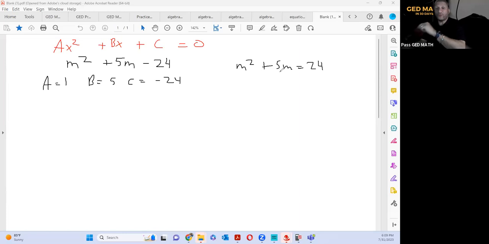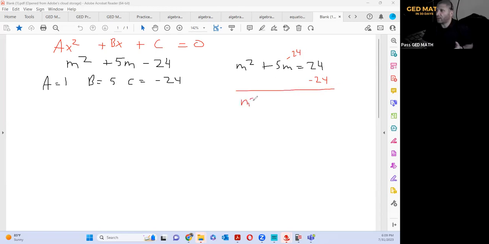Is this in standard form? No. This is the mistake that most people make. In order to make this standard form, we have to subtract the 24. It has to be equal to 0 on the other side. So I subtract 24 on one side, subtract 24 on the other side.